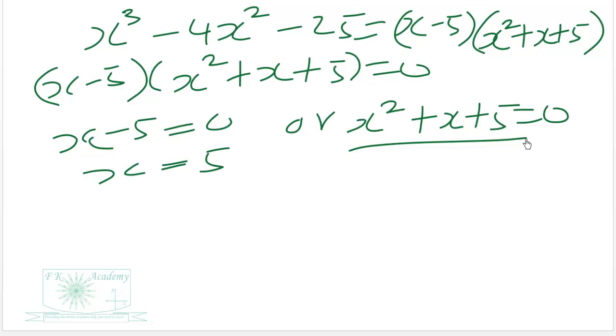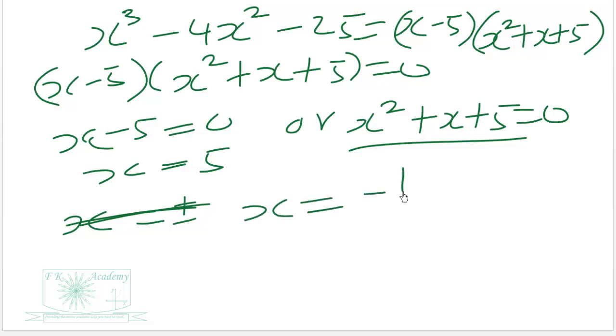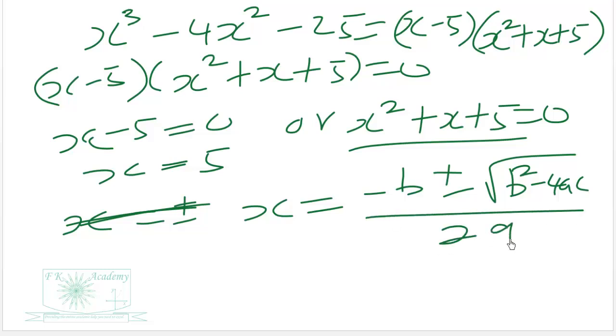Recall that the solution to this is given by x equals negative b plus or minus the square root of b squared minus 4ac, all over 2a. So we have a equal to 1, the coefficient of x squared is 1.